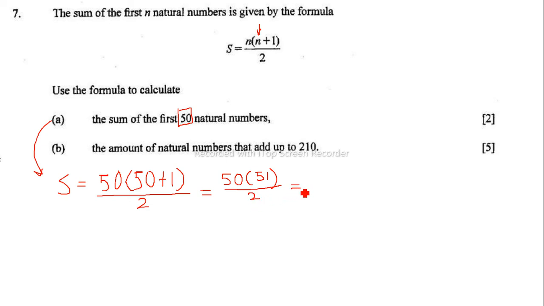All right, 50 times 51 is what? 2550. 2550 over 2. So divided by 2 is going to give us what? 1275. Now just put the calculator down.